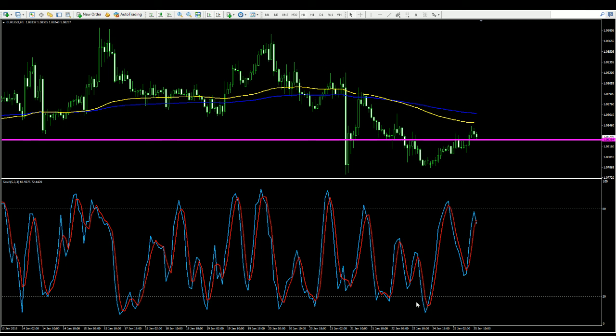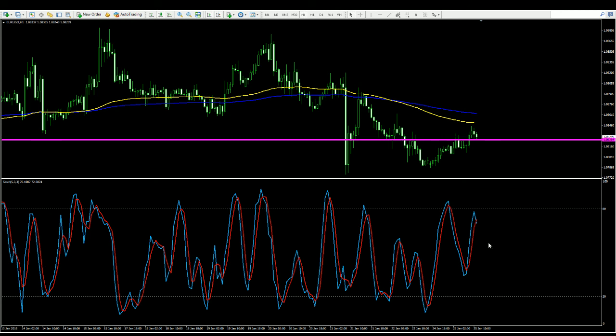And oversold means the price has been sold, so now the buyers enter and push the price up. So either a lower oversold area, lower low, or a higher oversold area, as in an uptrend.